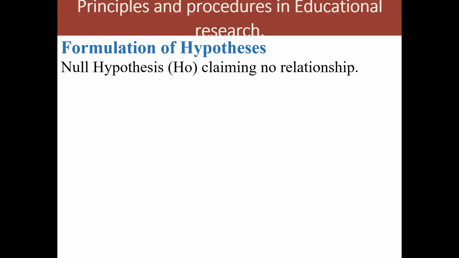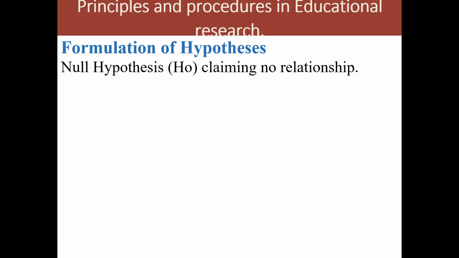How do you formulate the hypothesis? There is a null hypothesis represented by H with a 0 as a subscript. This null hypothesis always claims there is no relationship between your study variables, because you'll be looking at your variables to see whether there is a relationship between your dependent variable and your independent variable.